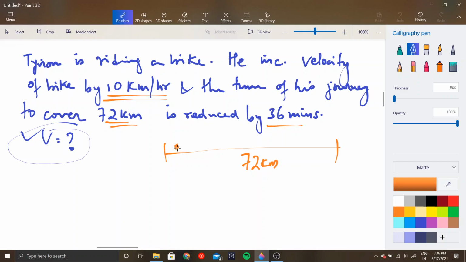If he rides at x, he will reach this point in time t, right? If he travels at x + 10, he will reach in time t - 36, right? That is what is given in the question. So you need to find his original speed, right?